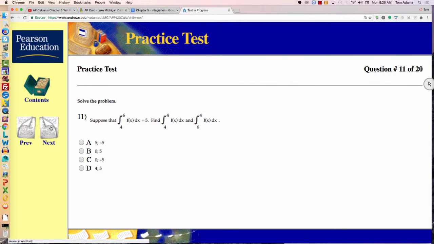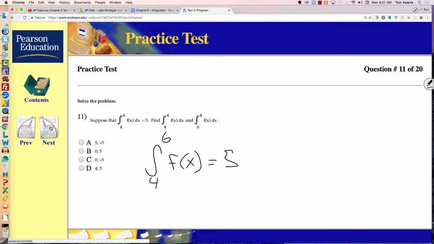So, problem number 11, it says, hey, I've got the area under the curve of f of x from here to here, and that equals 5. Then I have the area under the curve from 4 to 4 and 4 to 6.